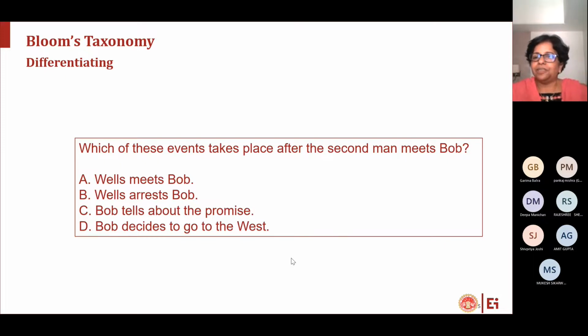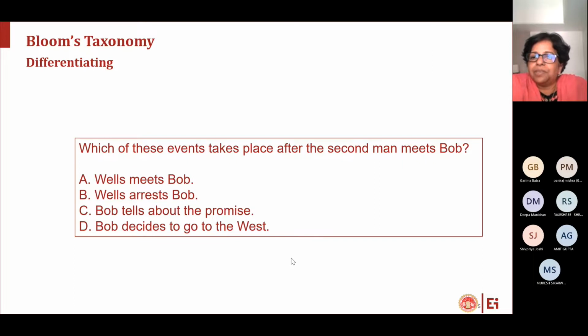Can you type in your answers, C or G? Okay, Rashmi ma'am, S. For me, it is again G. Okay, Joshi sir, G. Sir, G. Others?